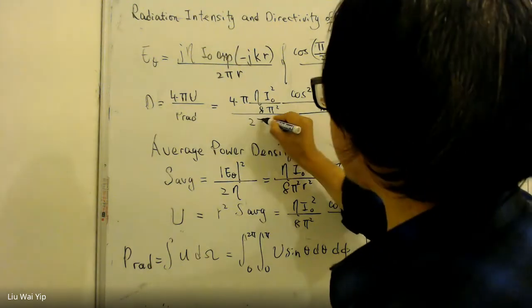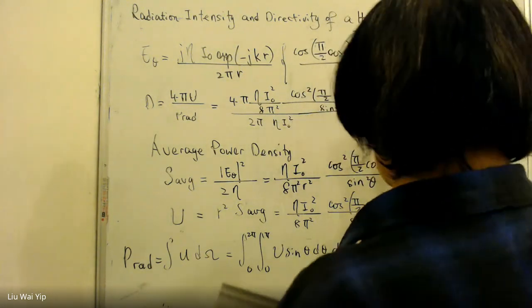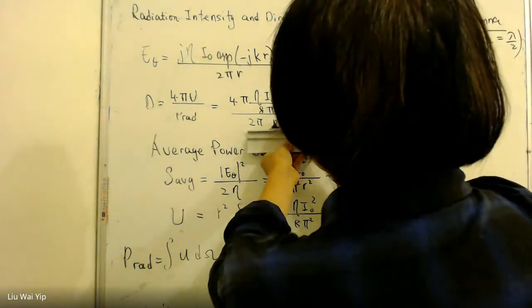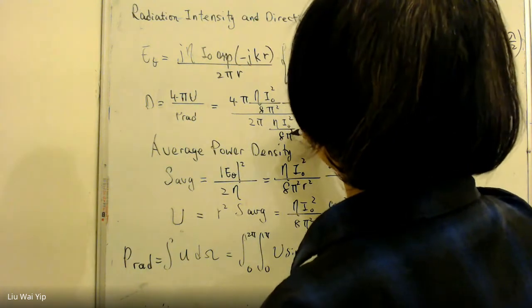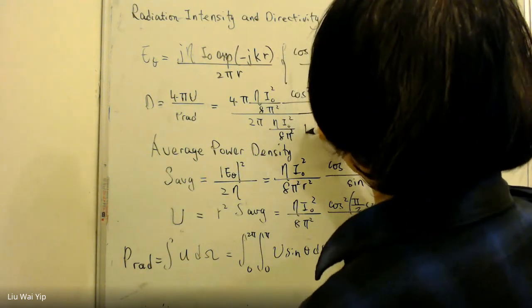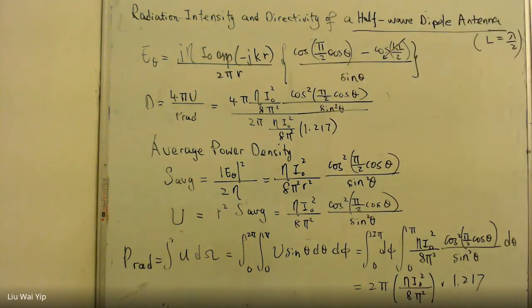We have 2 pi here, and then we have 8 pi square again, and then 1.217.